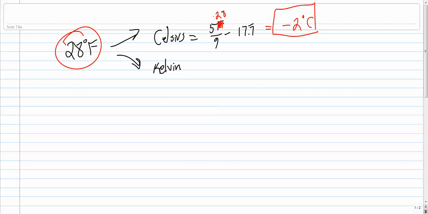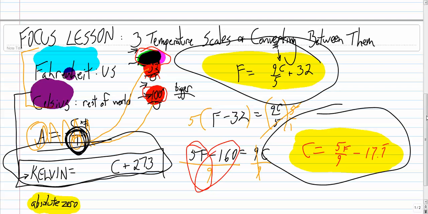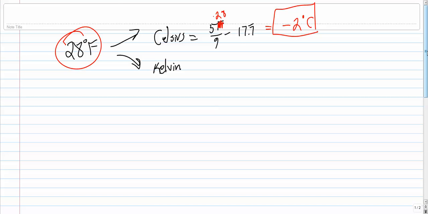And then lastly, I want to switch to Kelvin. So if I go back here and look, Kelvin equals Celsius plus 273. I think it's actually like 273.15 or something, but I've got to be honest, I never use that. So negative 2, throw that in here.